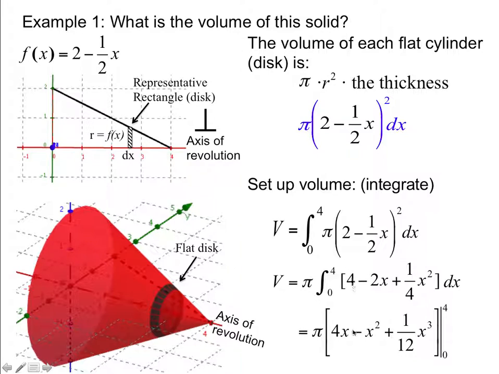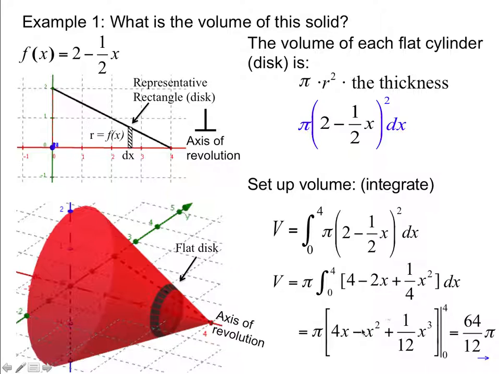And so integrating 4, we get 4x. Integrating minus 2x, we get really minus 2x squared over 2. I just am starting to simplify this as we get better with our integration. And then integrating this, we get 1/4 times x cubed over 3. So when we simplify that, we get this. And then we can go ahead and stick 4 and 0 in and evaluate this volume.